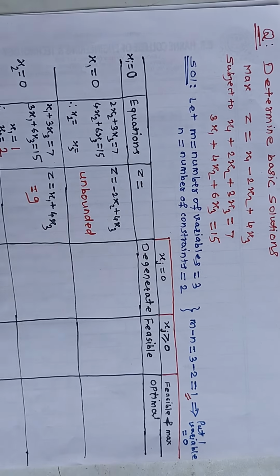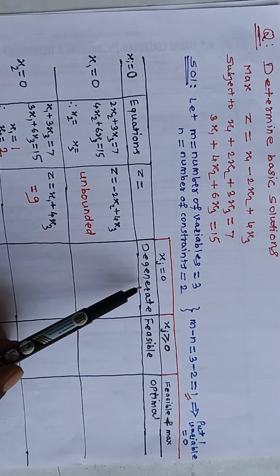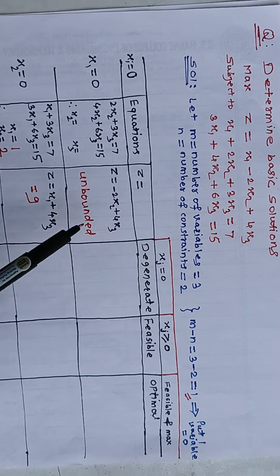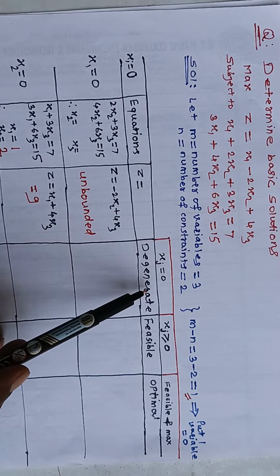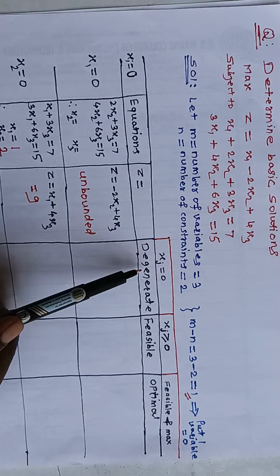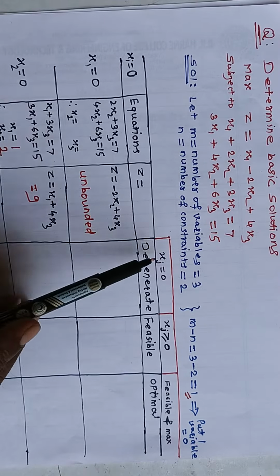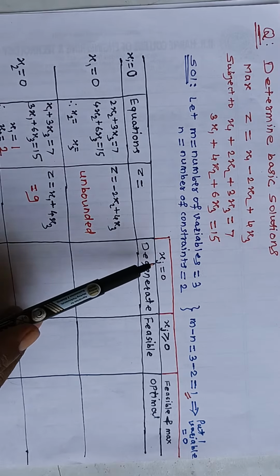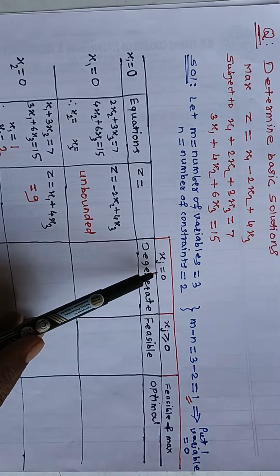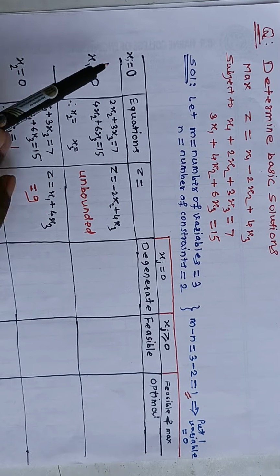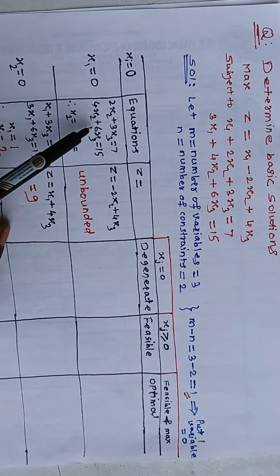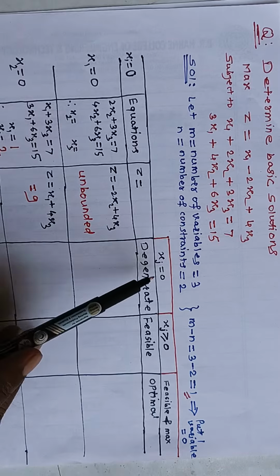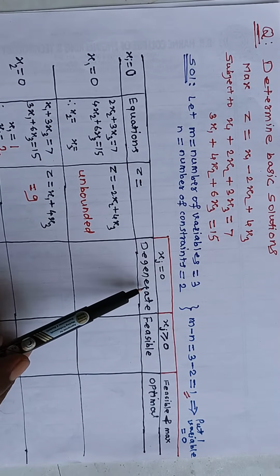Then the next column, that is degenerate. We have to know about, is the solution degenerate or non-degenerate. Okay. When we can say degenerate, if any one variable, excluding this one, any one variable from the solution of these 2 equations is having value 0, then it will be degenerate.